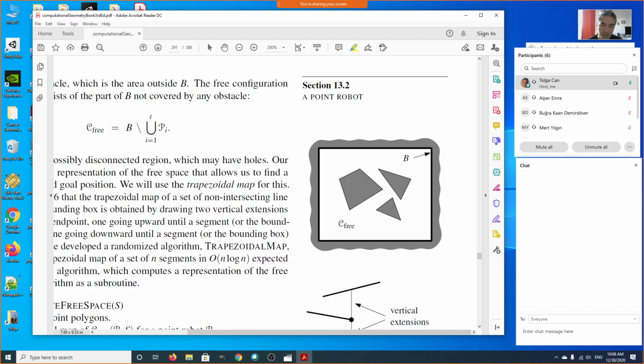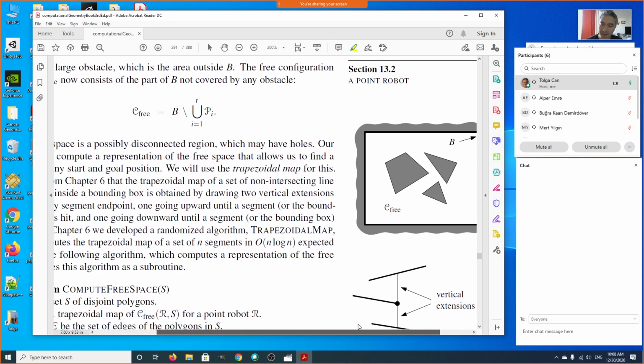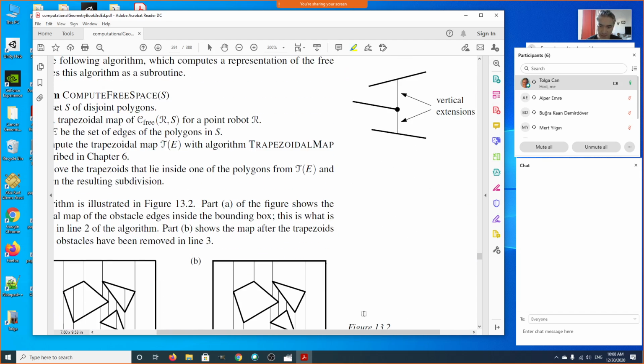The solution is to build a trapezoidal map using the edges of these polygonal obstacles. We first build a trapezoidal map, and it looks like this.